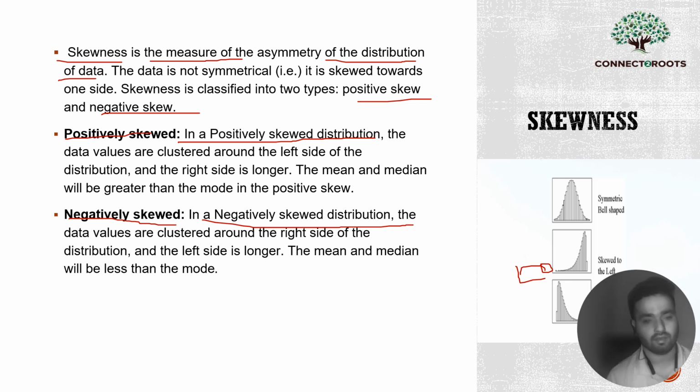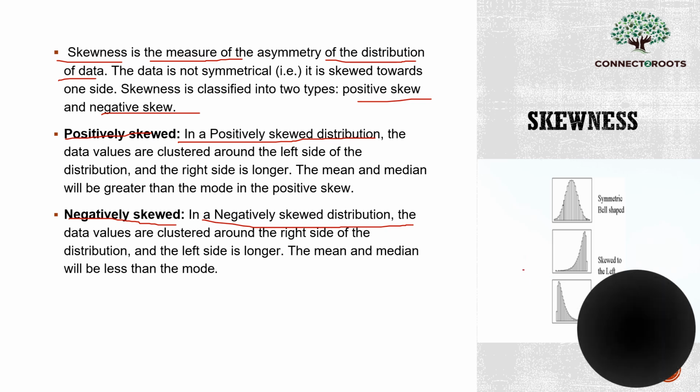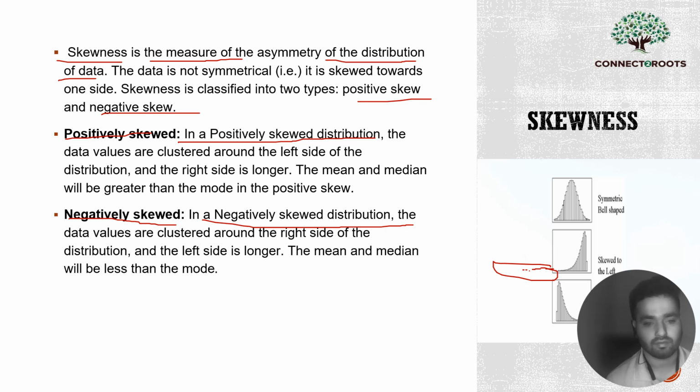If your tail is on this side, there is an outlier. Second, here is an outlier. The direction of the tail is where the outlier is, and the data is clustered on the opposite side. So one of the major things we can see from here is that we can detect there is an outlier just by seeing the curve.